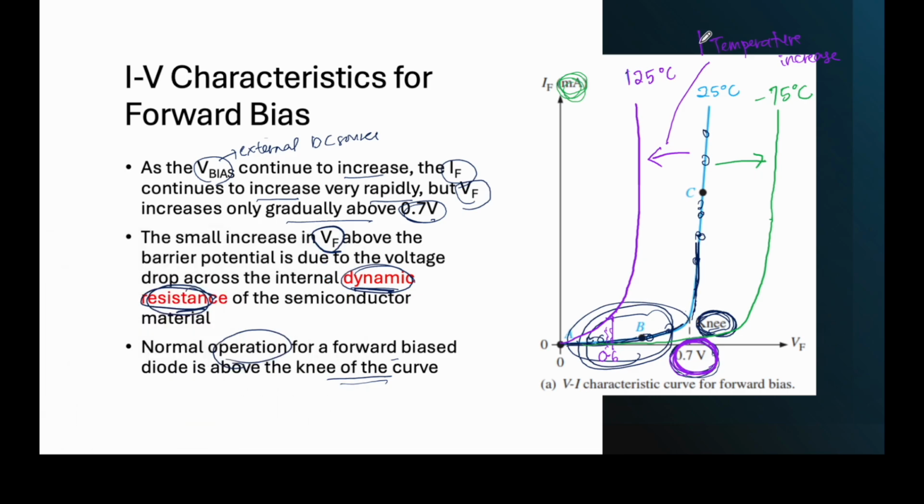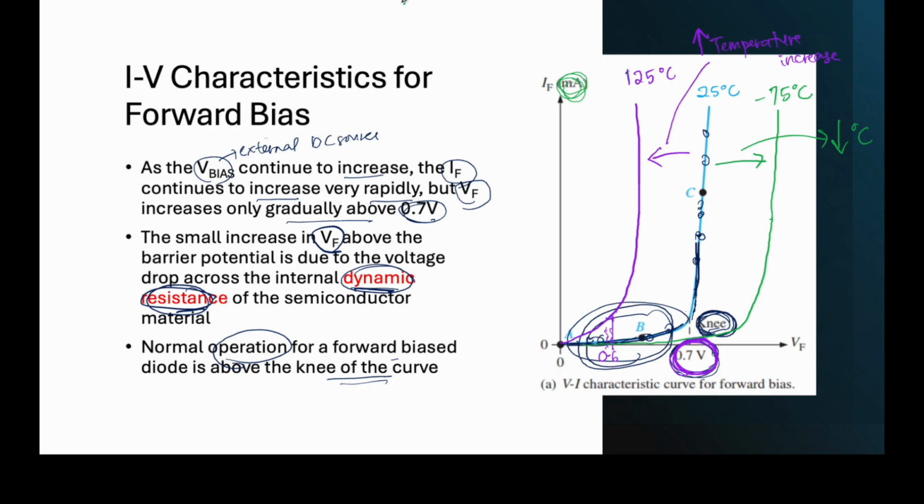This is when you increase the temperature, and this is when you decrease the temperature. The temperature change usually matters in forward bias. This only happens in forward bias.